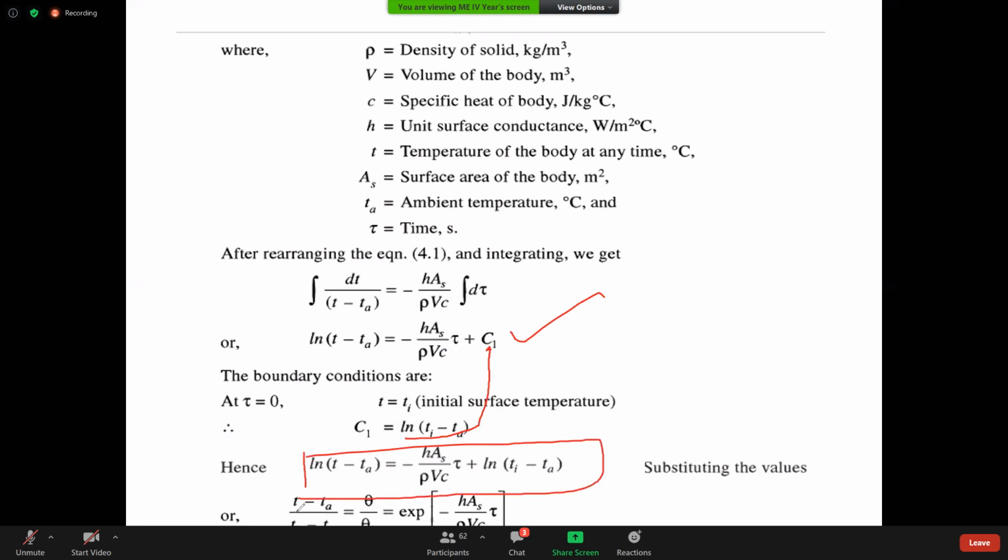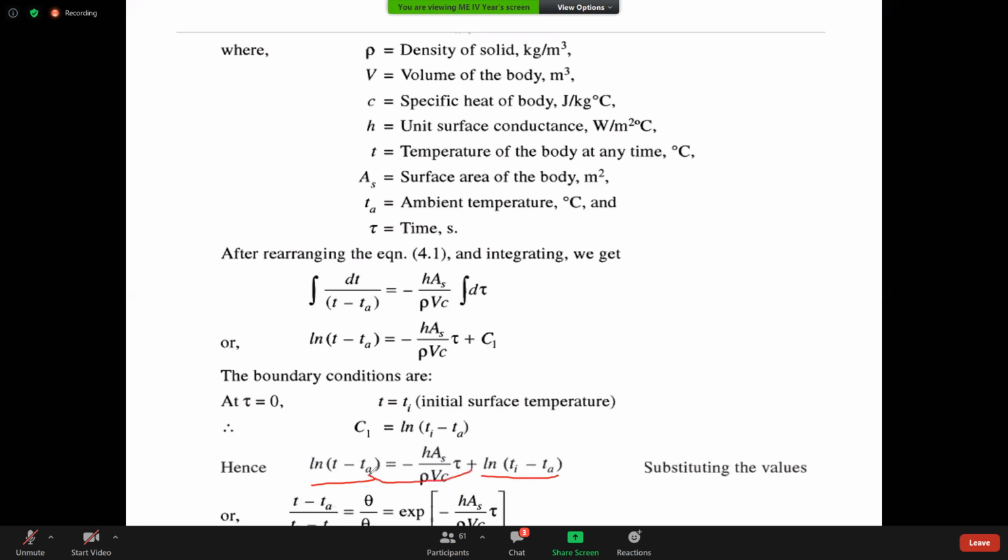From here I can write ln of T minus T infinity divided by ln of Ti minus T infinity. I brought this to this side, right? Since it is log A minus log B, sorry, this is minus, right?